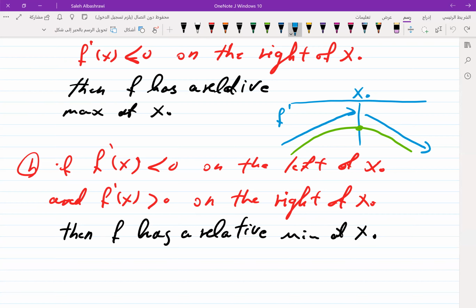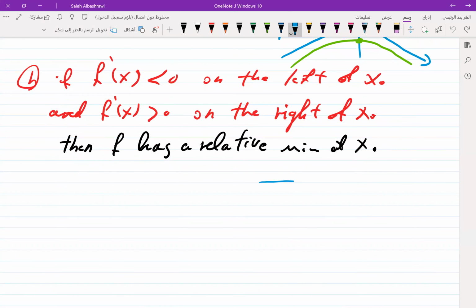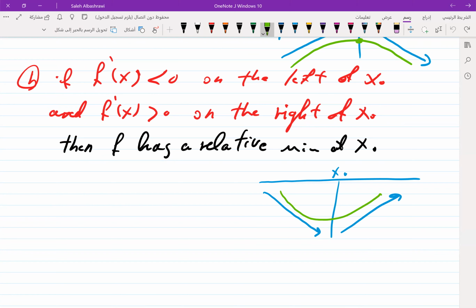It takes this shape around x0: the function is going down on the left and going up on the right. So it takes this concave up shape, and this point will be a relative minimum. So the function f has a relative minimum at x equal to x0.